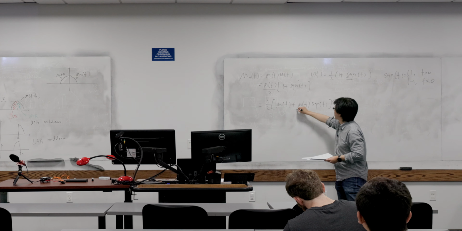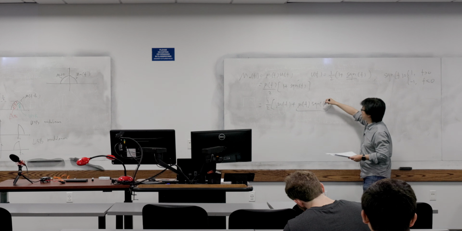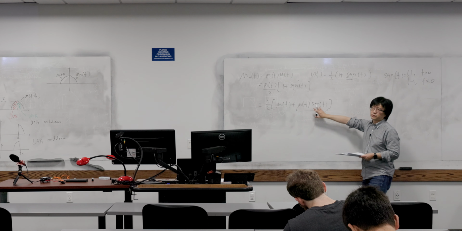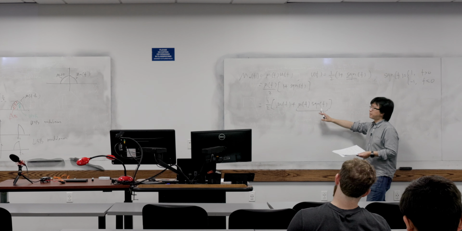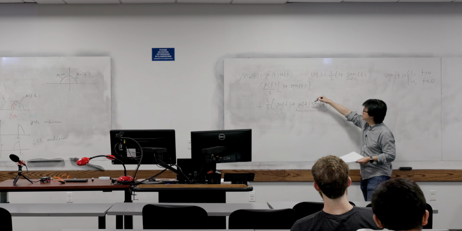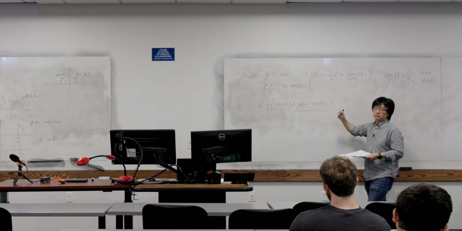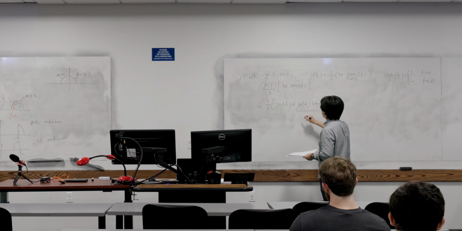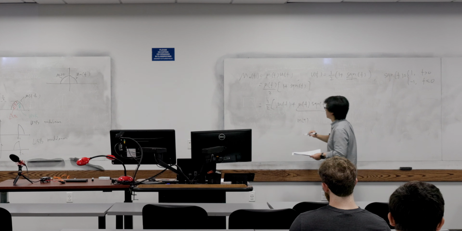Okay, so now let's look at this, right? This part is something that we're familiar with, but this part is not. So this is what happened in the frequency domain, and it's kind of clear what is happening, but let's see what has happened in the time domain. This is a multiplication in the frequency domain, so in time, that will be a convolution, right? We know the inverse Fourier transform of M(f) is m(t).